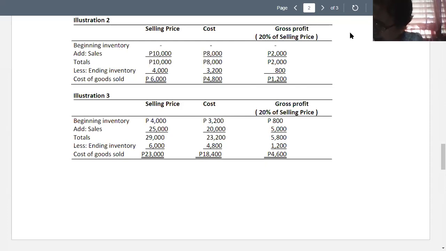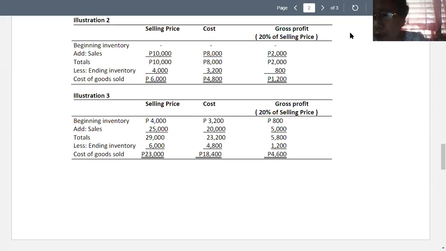Now, that is in the case of December 31, 2016, involving sales and cost of goods sold. Okay?